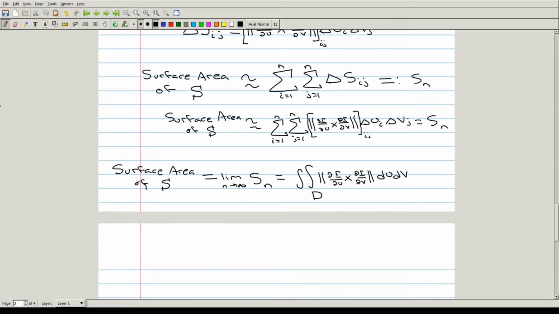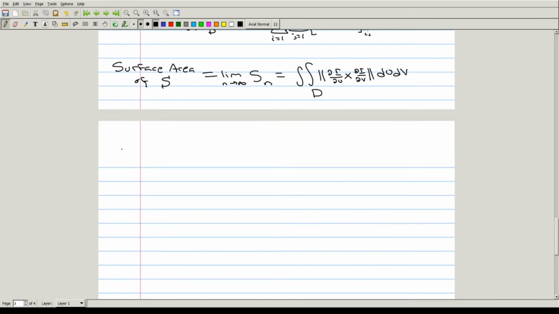And what we'll do is we'll actually call this something special. This is what's called the surface integral. The surface area of some surface S is the surface integral of the constant function 1 over that surface. That's what this is called.